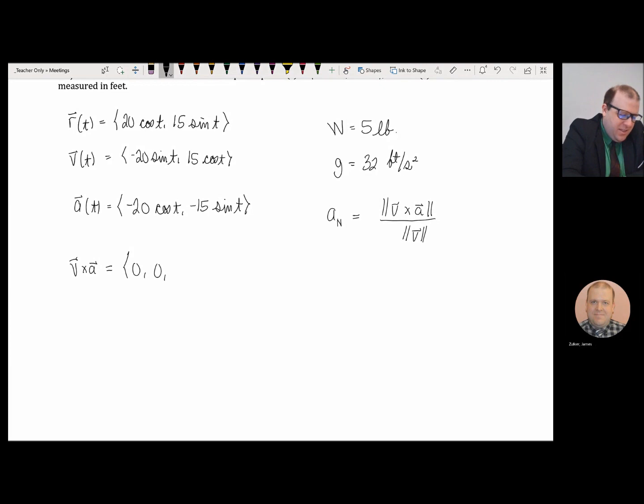So it's 300 sine squared minus negative 300 cosine squared. That makes the magnitude easy. It's just 300.